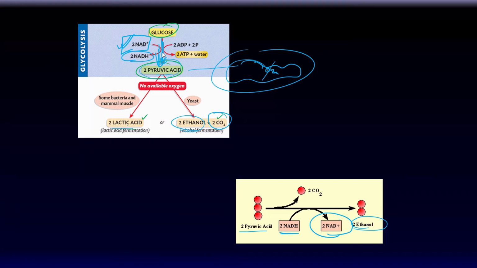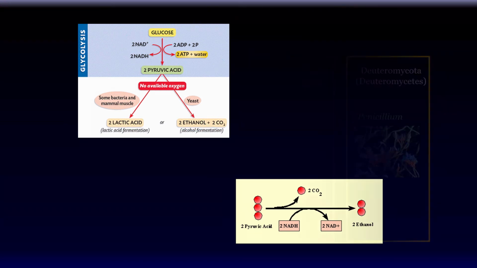The idea is to keep glycolysis moving, otherwise there's no energy that the cell can derive from glucose. So yeast are used because of their ability to ferment pyruvate to produce ethanol. A similar process occurs in human beings, where we produce lactate instead, because we have to keep the glycolysis going.